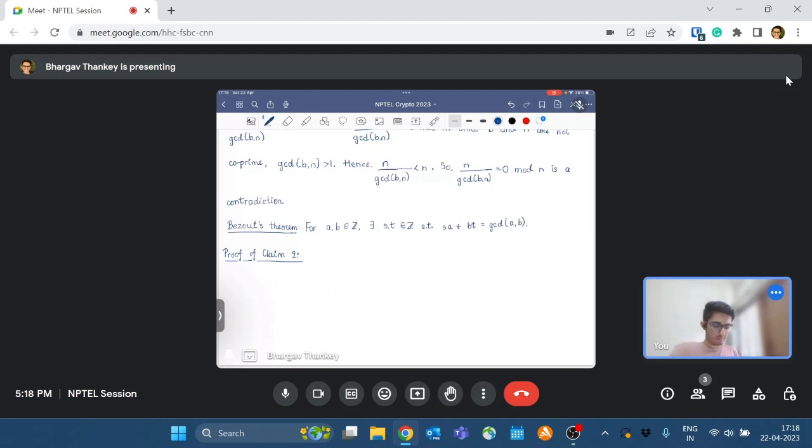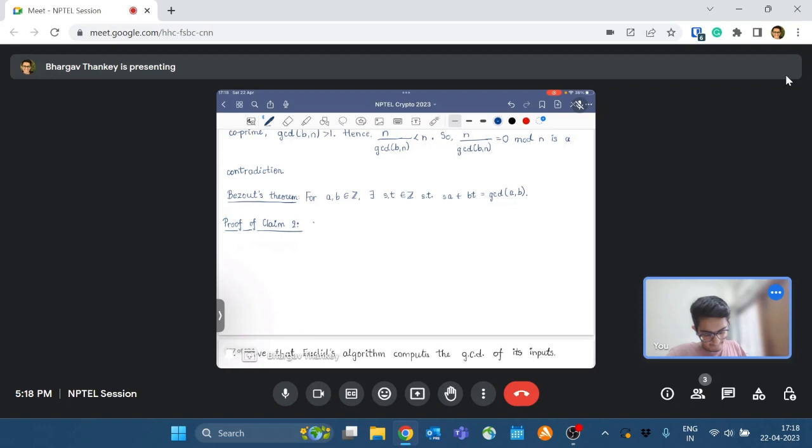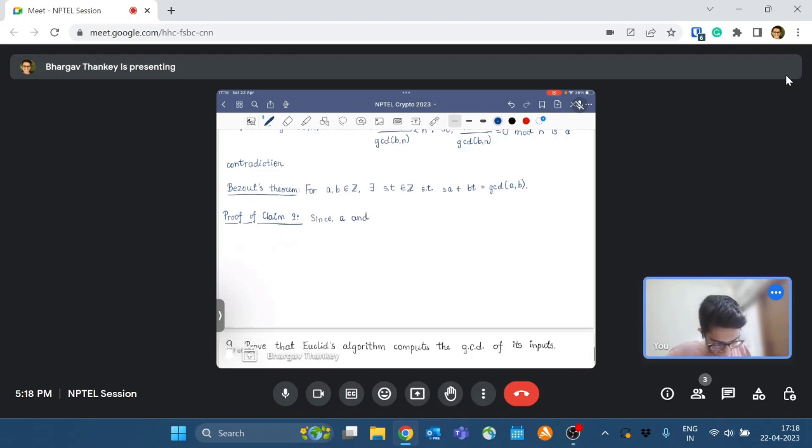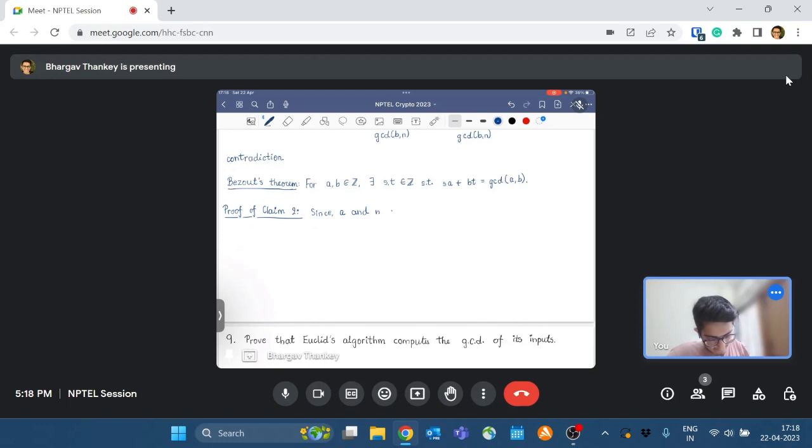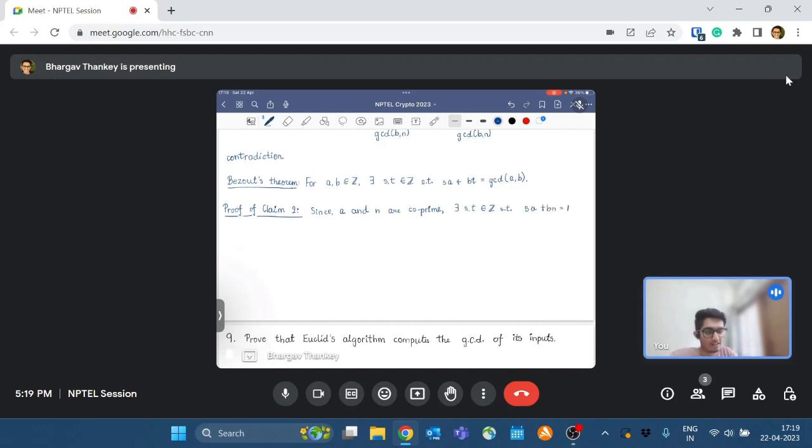Yeah, so this is what Bezout's theorem says. So, because the GCD of A and N is 1.